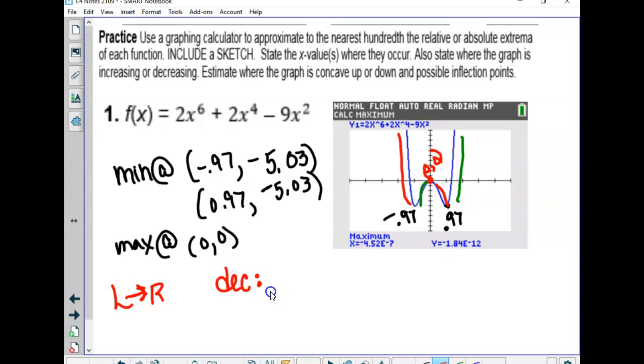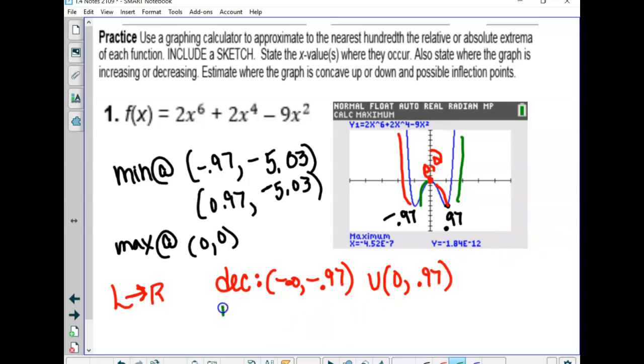X values. Negative infinity to -0.97. Good job. Anywhere else that it's going down? From 0 to 0.97. Excellent.